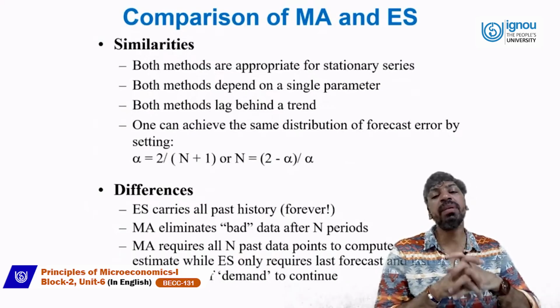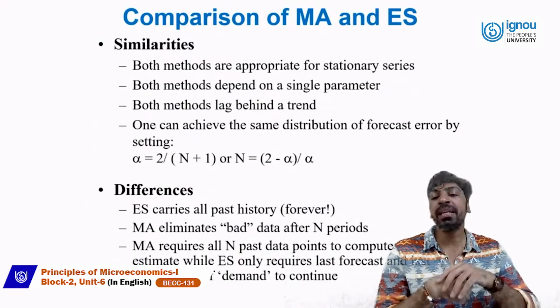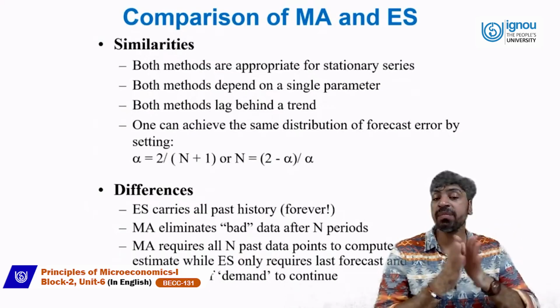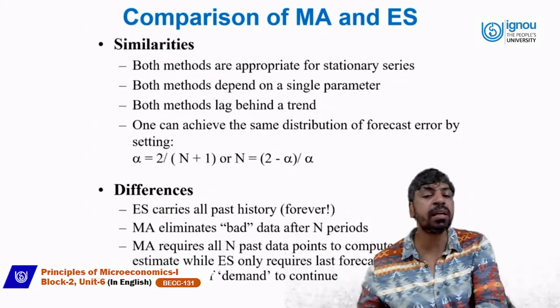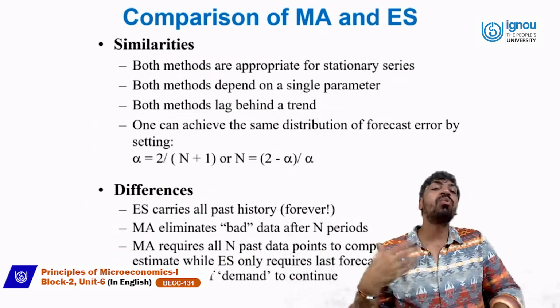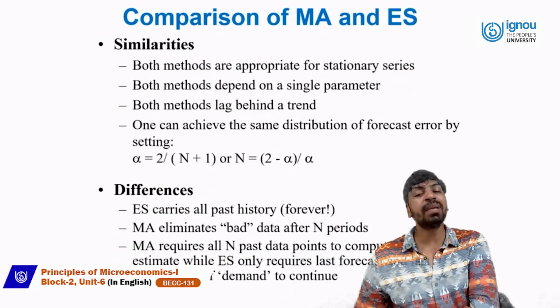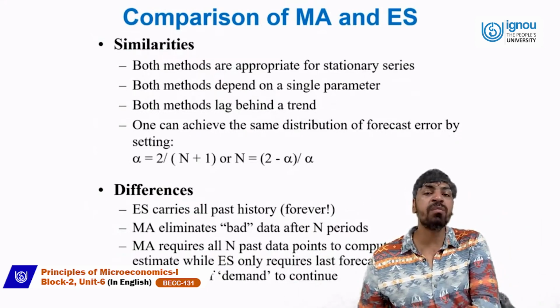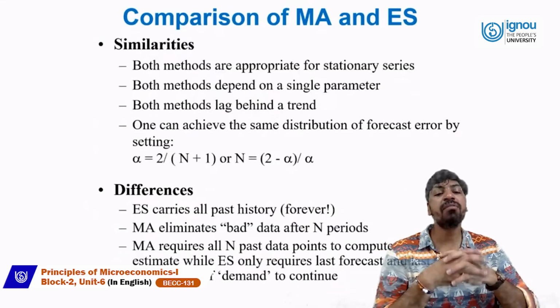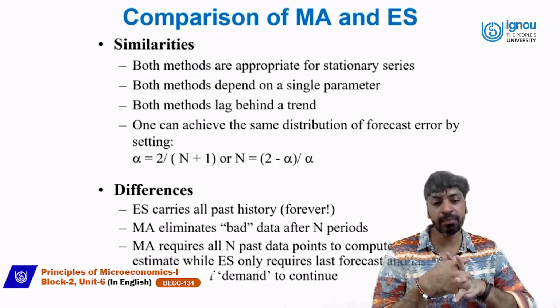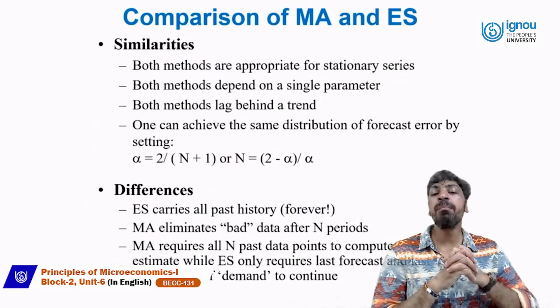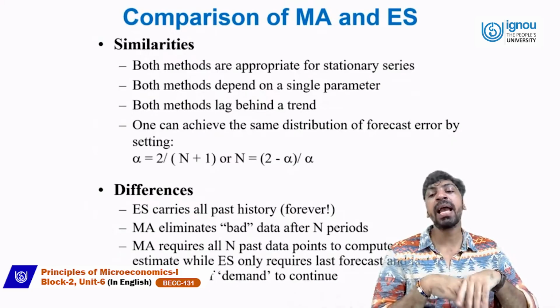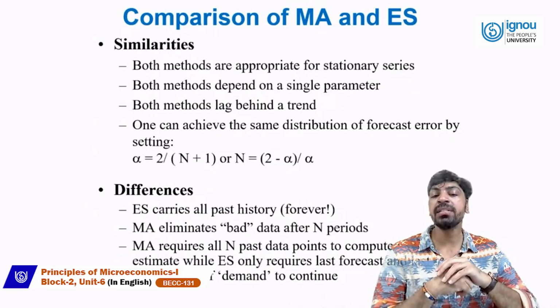Moving average eliminates bad data after a period. As I told, the exponential smoothing is not related to only the good data, it's also related to the past data, it includes everything. But moving average always eliminates bad data which has no use after a certain period of time. Moving average requires all n past data points to calculate the new forecast estimation.